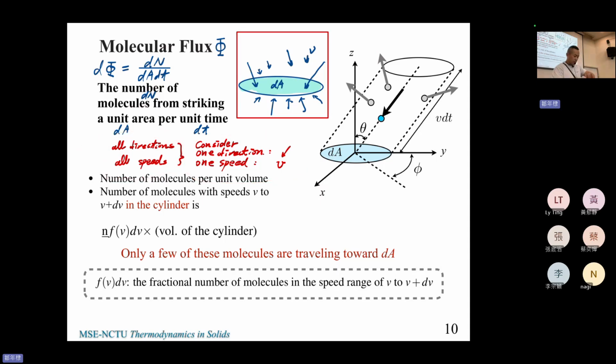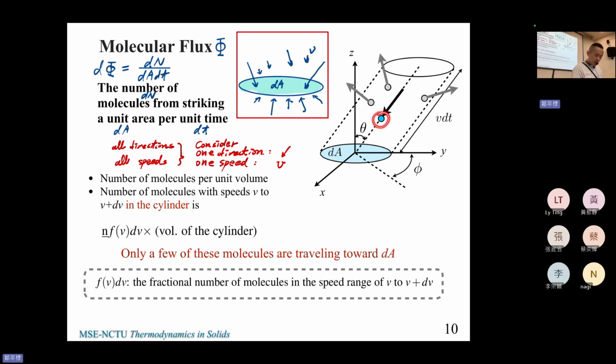Now we only consider this direction and this V. The others we don't consider. For example, the gray ones we won't consider.